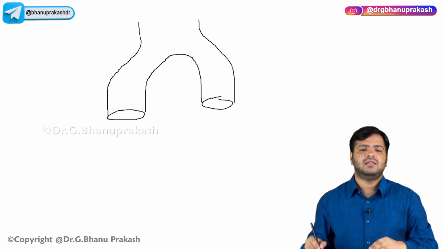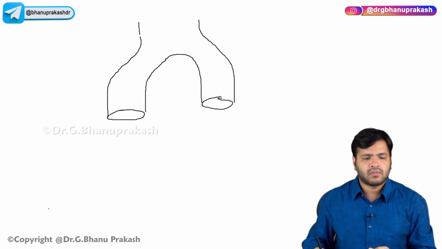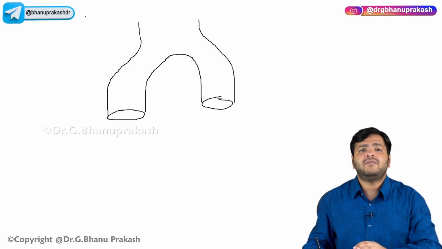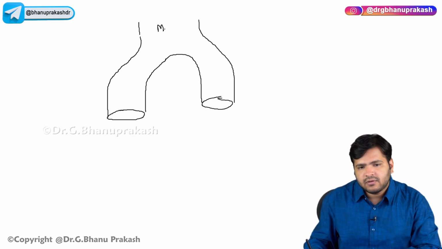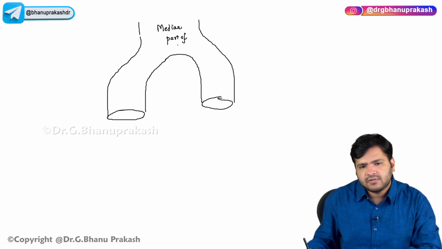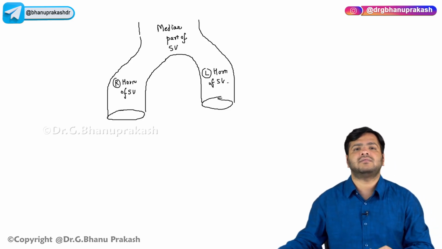So let us write it over here: the median part of sinus venosus, the right horn of sinus venosus, and over here the left horn of sinus venosus.